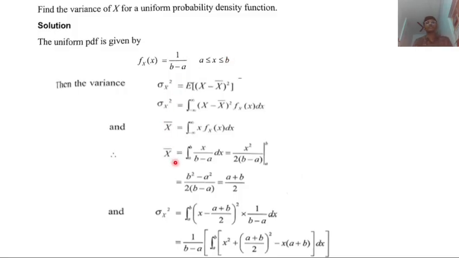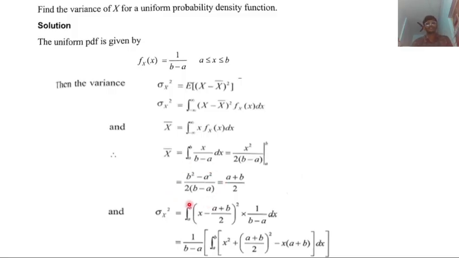So x bar equal to the integral from a to b of x times 1 by b minus a dx. On integrating this, we get x square by 2 into b minus a, with limits a to b. By applying the limits, we get b square minus a square by 2 into b minus a.